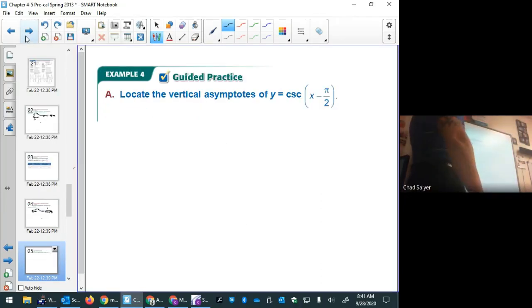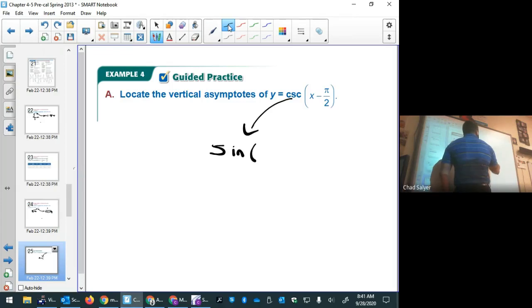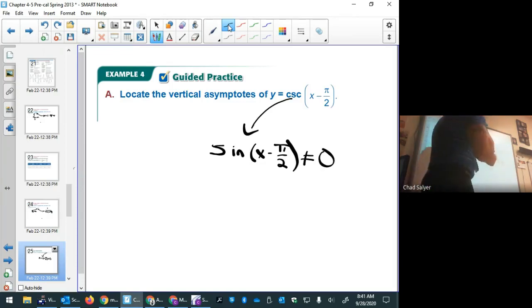Now, what about locating the vertical asymptotes? Well, remember that the sine of that argument can't be 0. So where is the sine of x minus pi over 2 0?